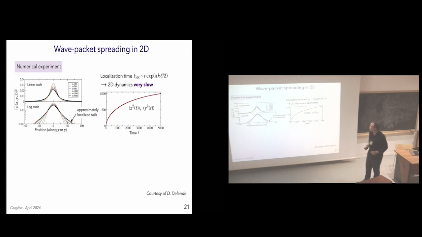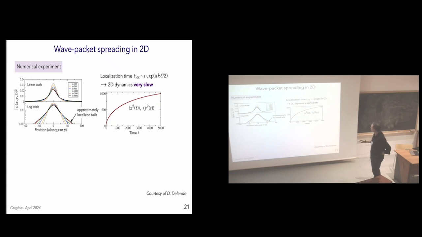So in 2 dimensions, numerical simulations of wave packet spreading also confirmed the prediction of the scaling theory, namely two-dimensional wave packets do localize at long time, but the dynamics of localization tends to be very slow. Even if the disorder is strong, it's very slow.